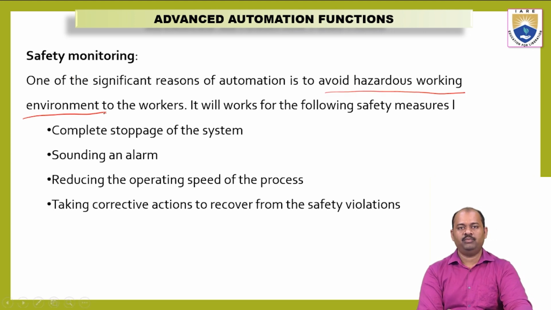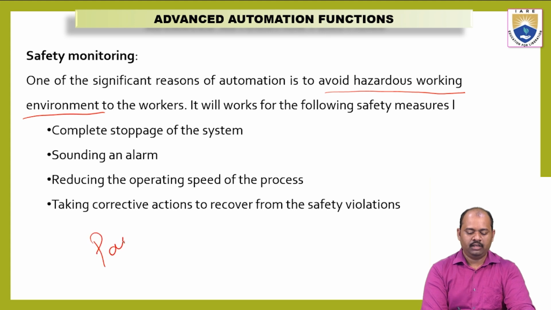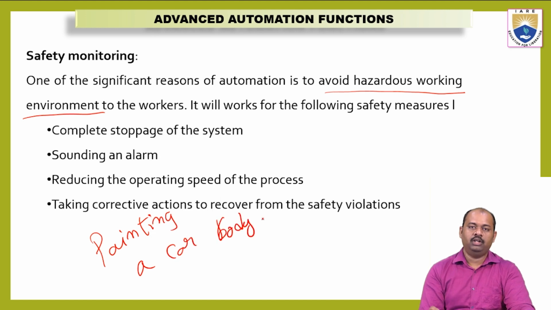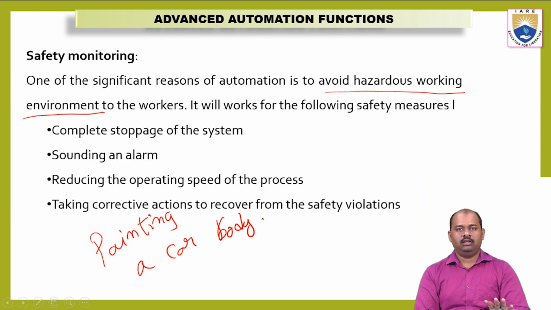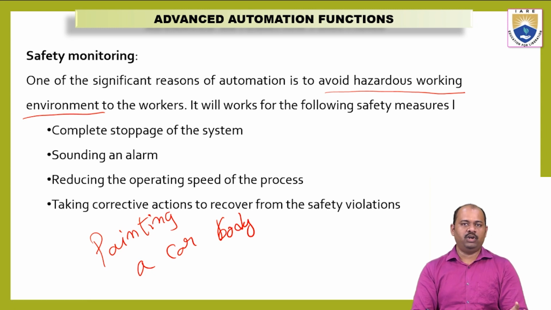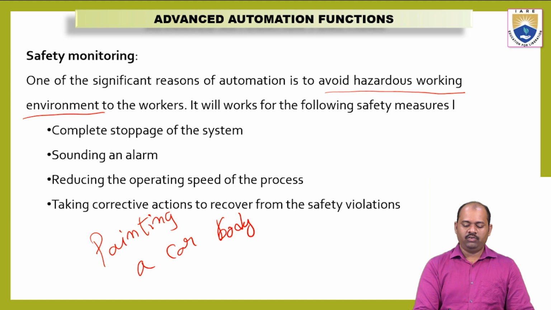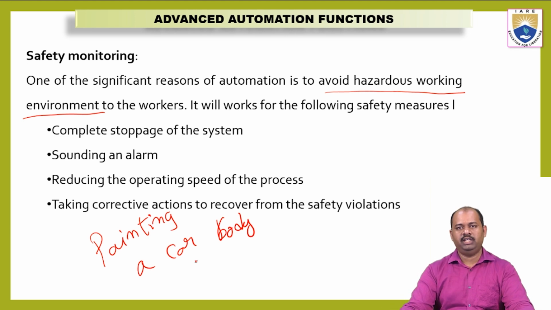Suppose I take the example of painting a car body. If I have manufactured the body or frame of the car, I have to paint it with the help of a jet spray. Now, what is the risk for human beings in painting the car?